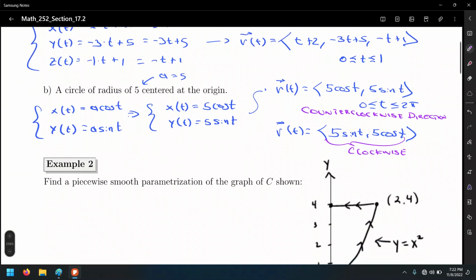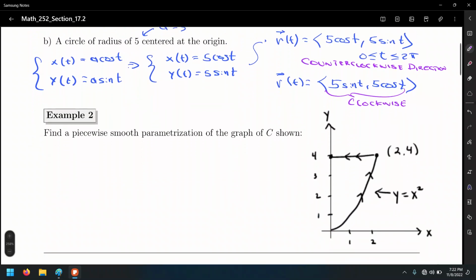So let's look finally at a piecewise smooth curve right here. In this case, this curve is comprised of 2 parts. Number 1, this path along the parabola y equals x squared, and the second path, which is this horizontal segment from the point (2,4) to the point (0,4).